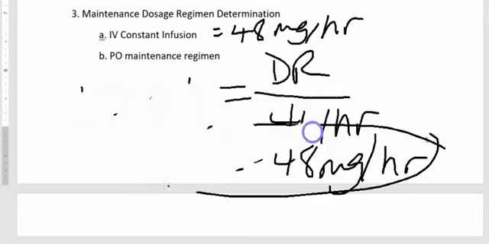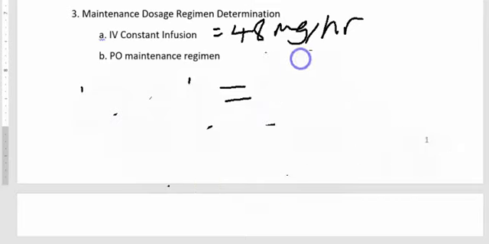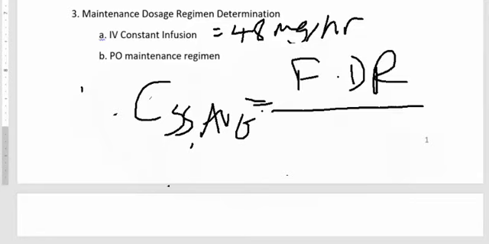What about our PO dosage regimen? So now we have to worry about bioavailability, and we also aren't going to be giving it as a constant PO administration, right? So we know that, again, CSS average now, because we're not giving it constantly, is going to be bioavailable dose rate over clearance. Clearance, again, is 4 liters per hour.